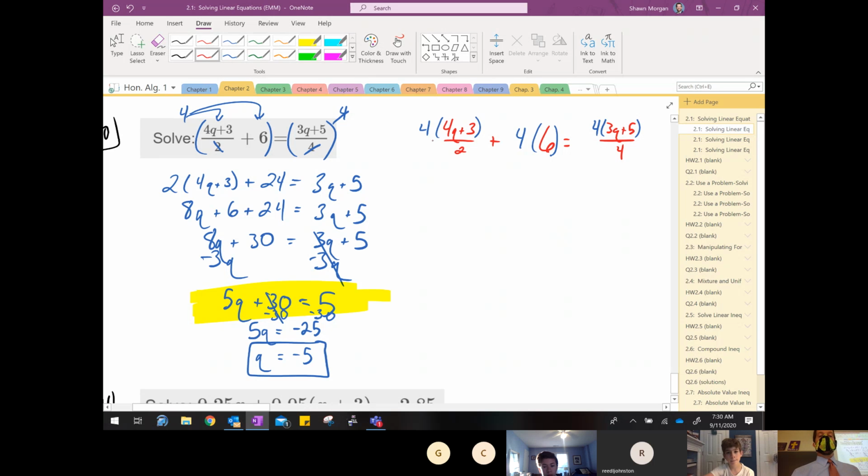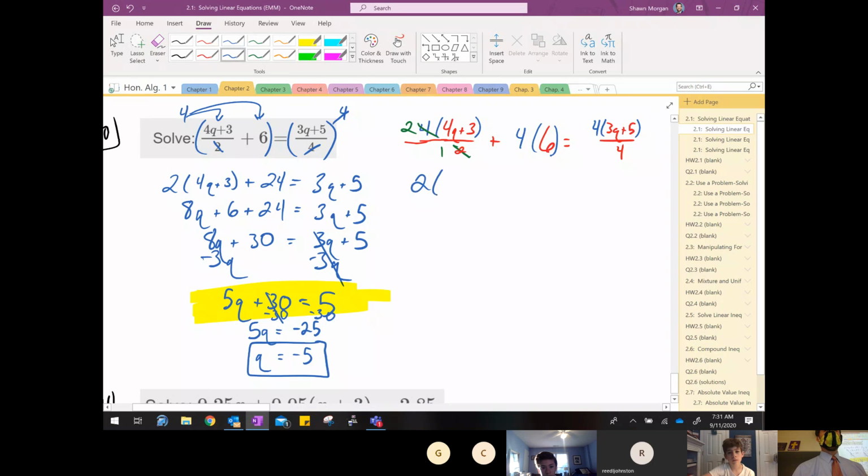Now when we multiply 4 on the top of that fraction, we can simplify. We don't have to distribute 4 times 4q and 4 times 3 because we can simplify it out. 2 goes into itself once, 2 goes into 4 twice. So now I've got what I had earlier, which is 2, and the quantity 4q plus 3.